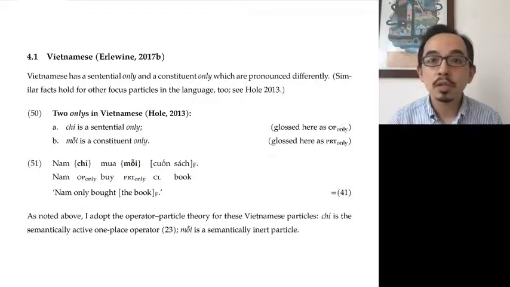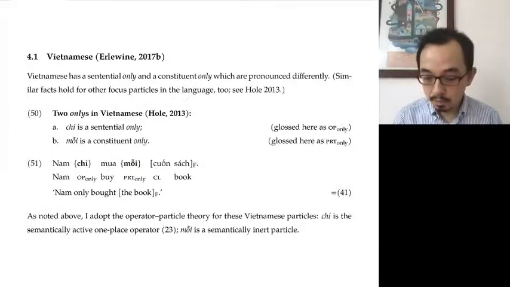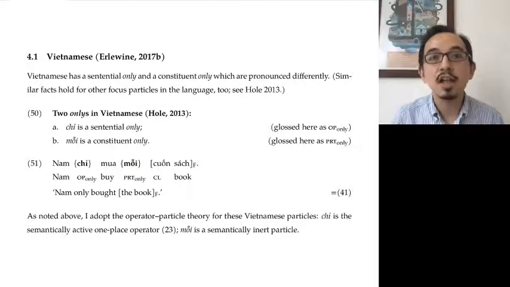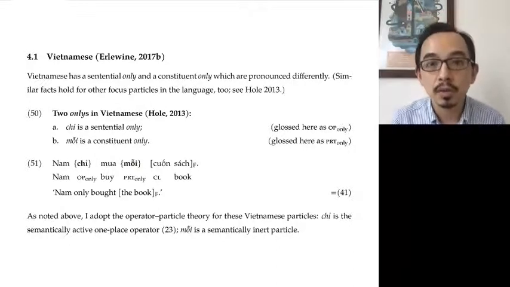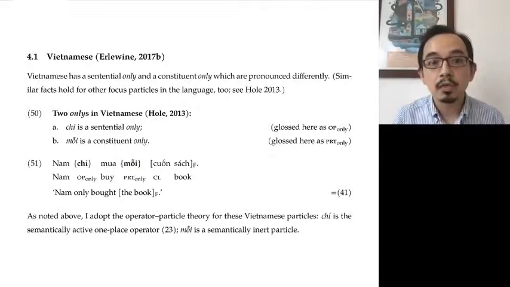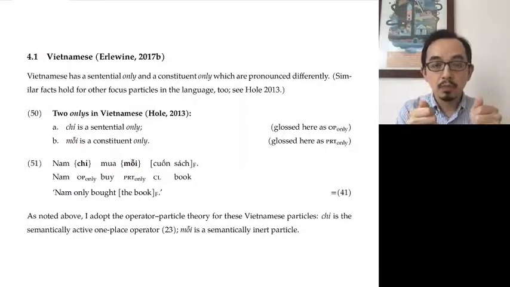I want to go back to the Korean point with danji and man, because I think Vietnamese is actually not that different. In Vietnamese, where you have chi and moi, they can co-occur, and this is very natural when they are in the same clause.